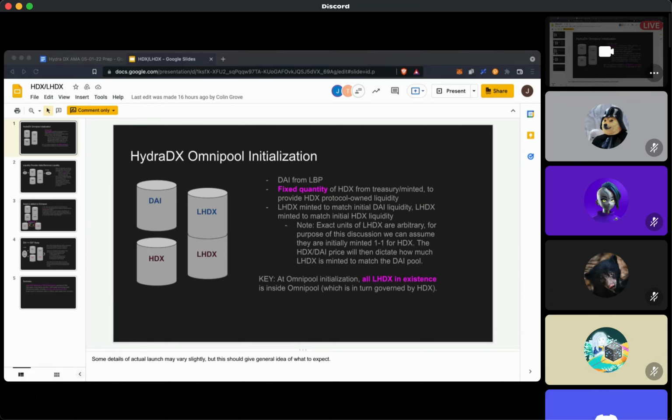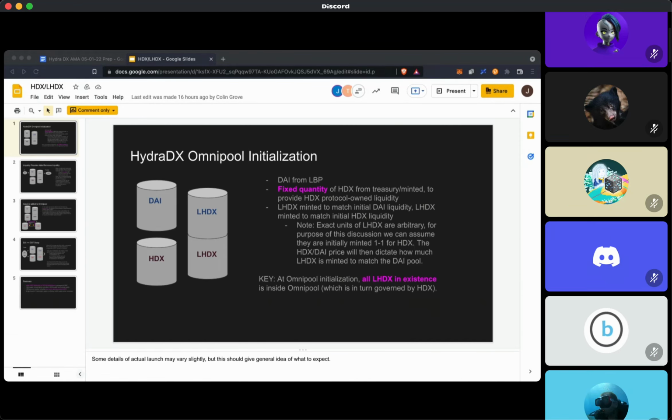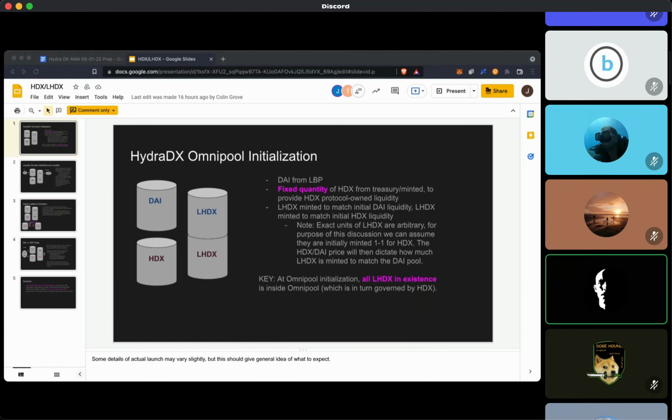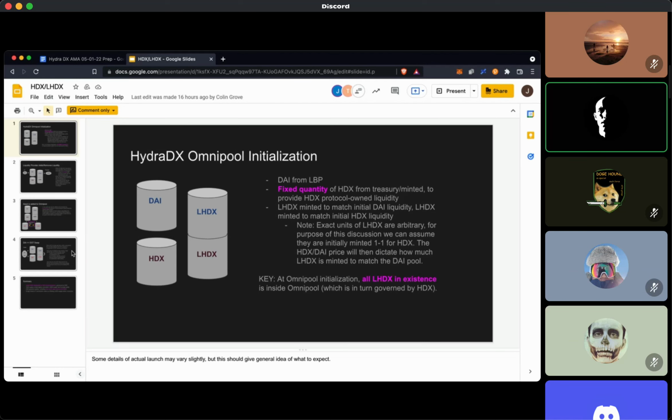I was going to just walk through the basic operations, just a very basic version 1 of the Omnipool. To start off, we'll talk about what happens at the very beginning when the Omnipool is initialized. At the very beginning, it's going to have the DAI from the LBP.